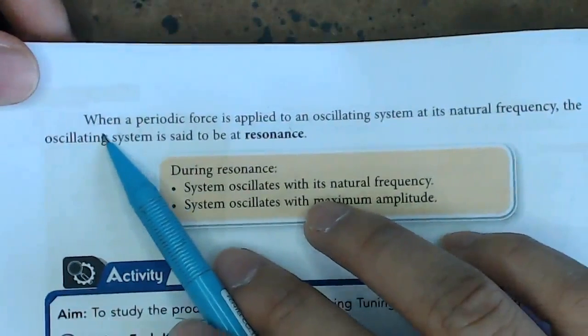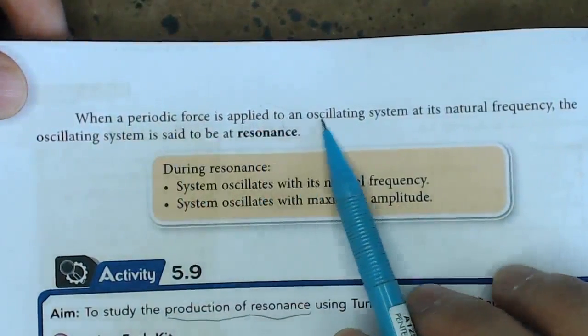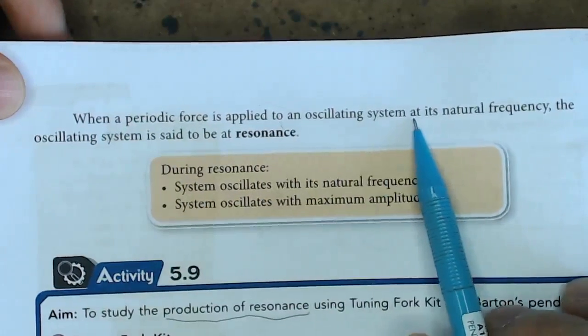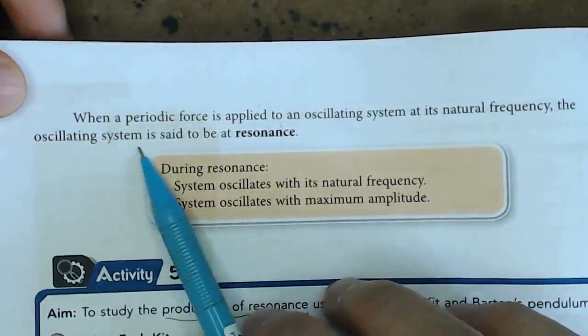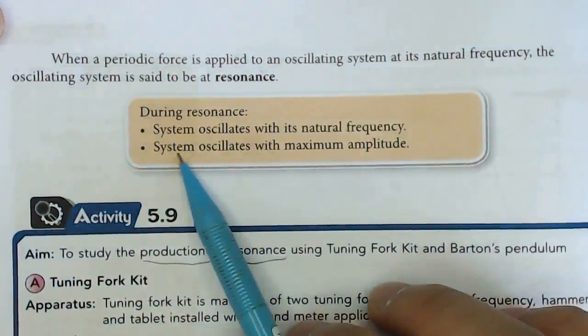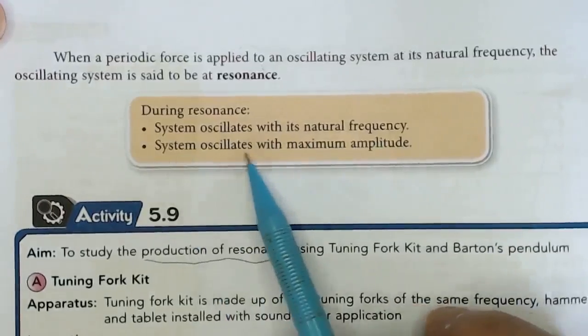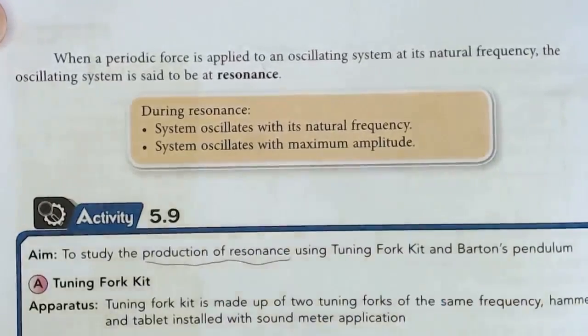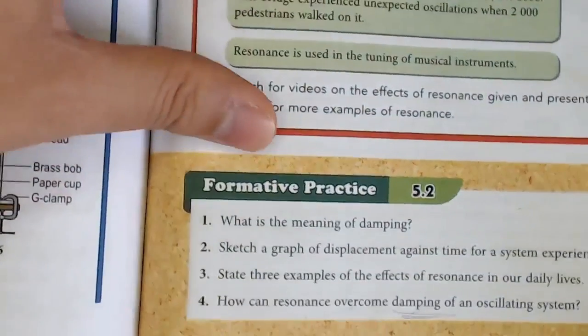You use this explanation: when a periodic force is applied to an oscillating system at its natural frequency, the system oscillates with its natural frequency, and then the system oscillates with maximum amplitude. That's how to answer question number 4.